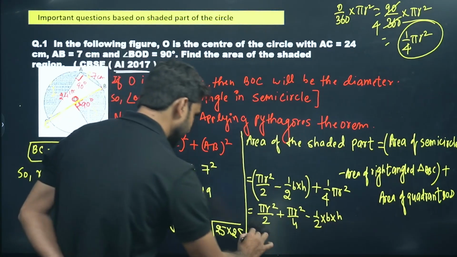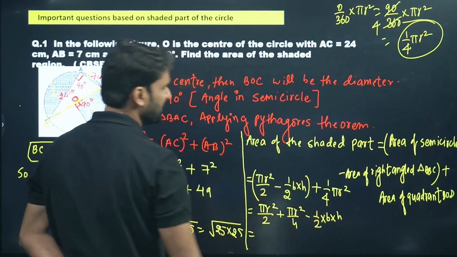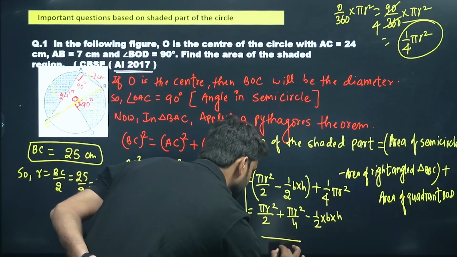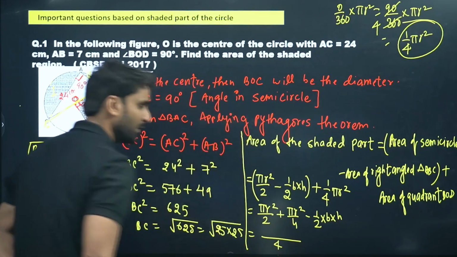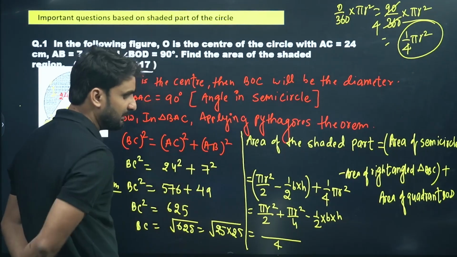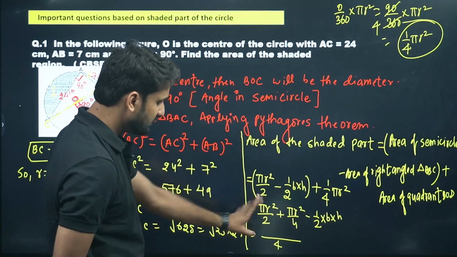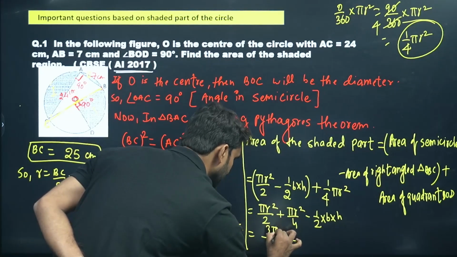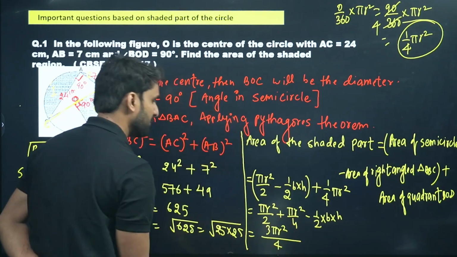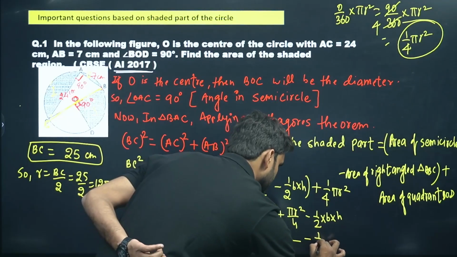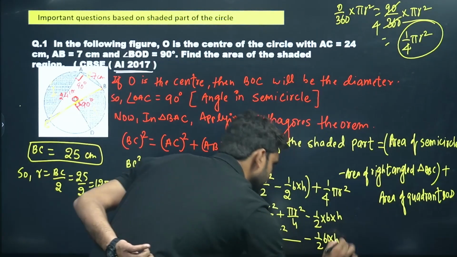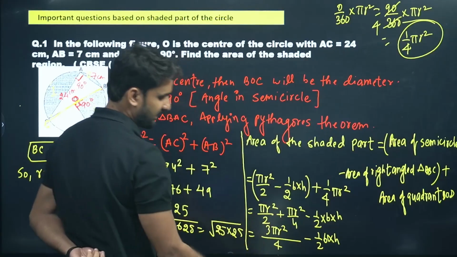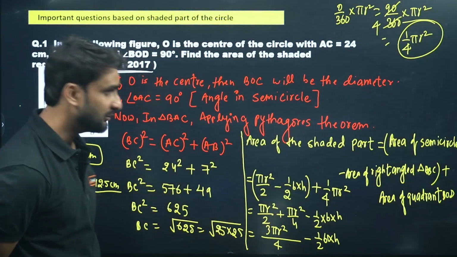We can modify it into a simple form by taking the LCM. The LCM of 2 and 4 is 4. 2 twos are 4, so 2 in the numerator, and 4 ones are 4, so that gives 3 pi r square. So 3 by 4 pi r square. Combining these two, I got this format: 3 by 4 pi r square minus half base into height.